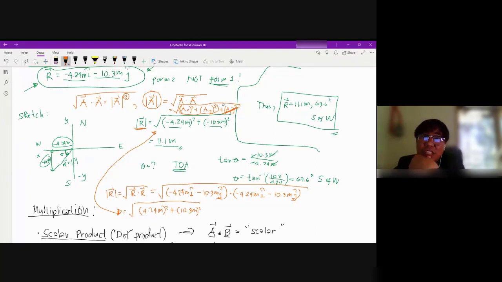That's the Pythagorean theorem. Do you see that?